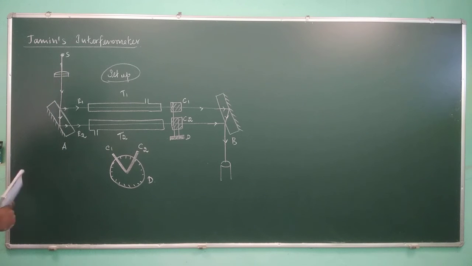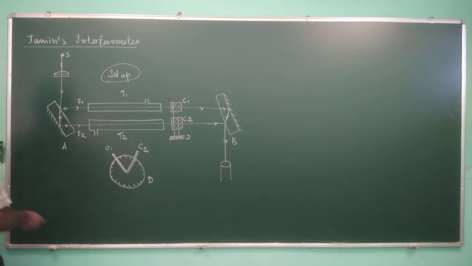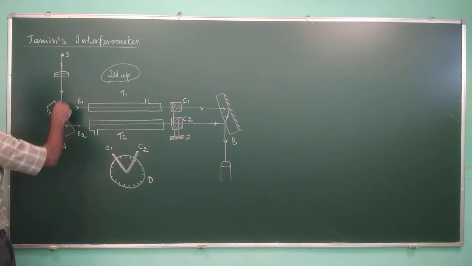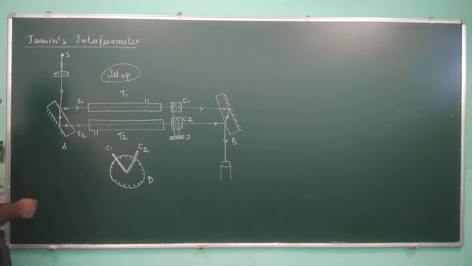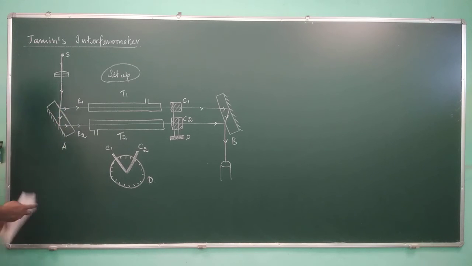So what happens is light comes from the light source S and becomes parallel at this point. This parallel light is reflected at the plate A. Here two light rays are created. One light ray is directly reflected from the upper surface. Another is the light ray reflected from the lower surface.